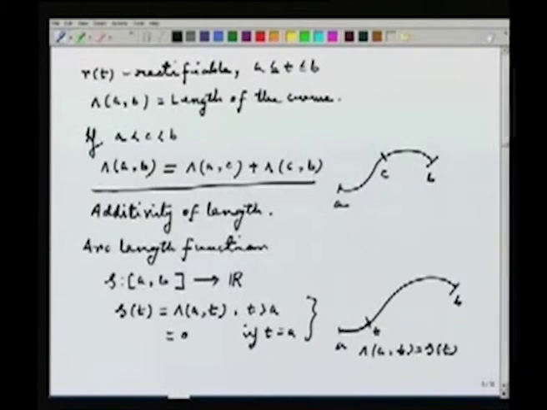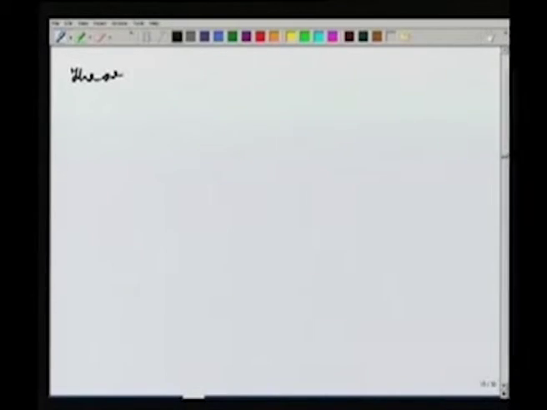So as t varies, the way I move on the curve, whatever length I traversed along the curve is called S(t). Now this function, using the additivity property of length, I will write as a theorem, I get some property of this function, that S is an increasing function.